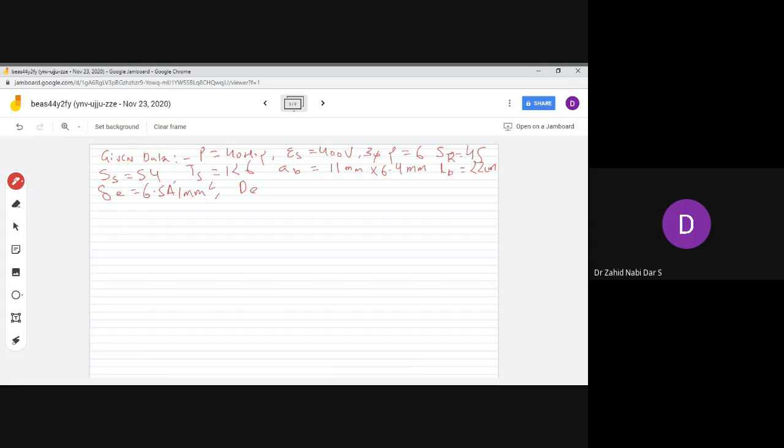Then you have the mean dia of the end ring, DE, that is equal to 26 centimeter. Then you have the slots, this is 14, and then you have your resistivity finally, that is 0.021.